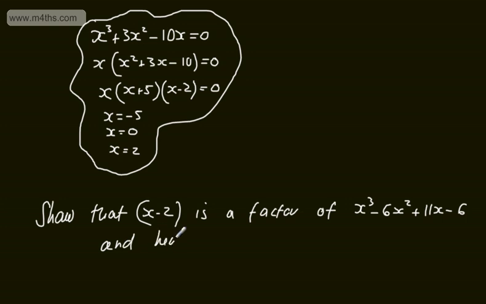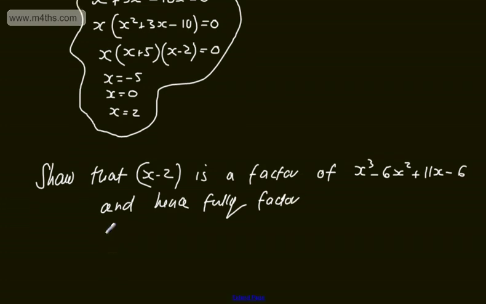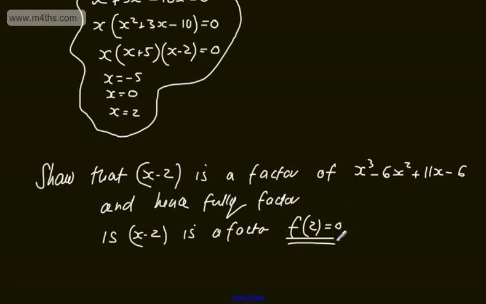So let's go ahead and look at what we've got. The first statement I'm going to make is the following. If x minus 2 is a factor, then we can say that f of 2 will be equal to 0. That's the statement I'm going to make. I'm going to evaluate f of 2, hope it equals 0, and we can state that it's a factor. So to show that, I'm just plugging in 2.